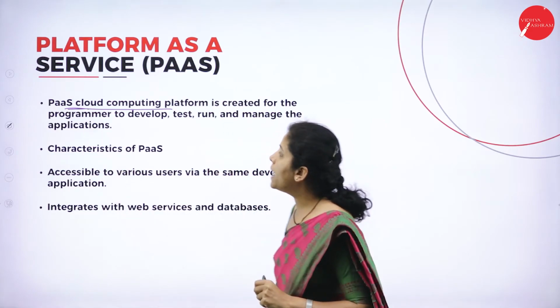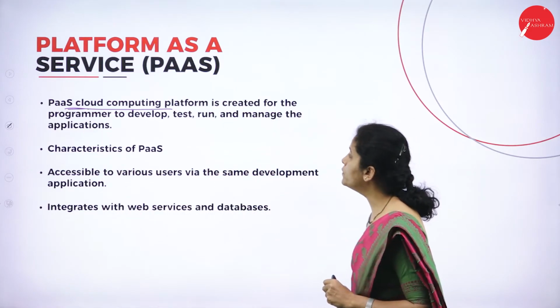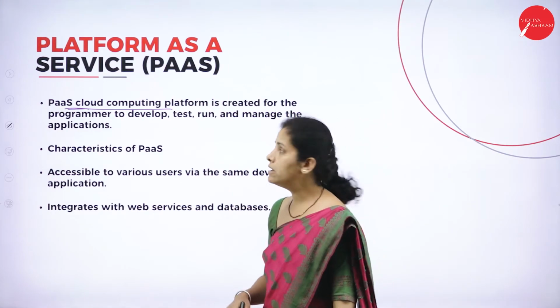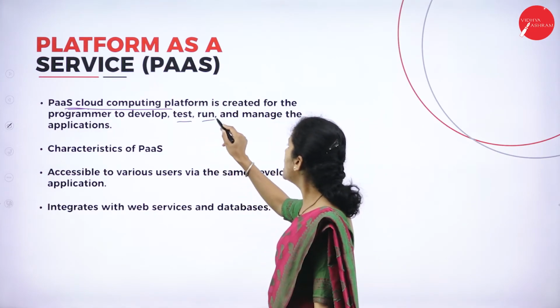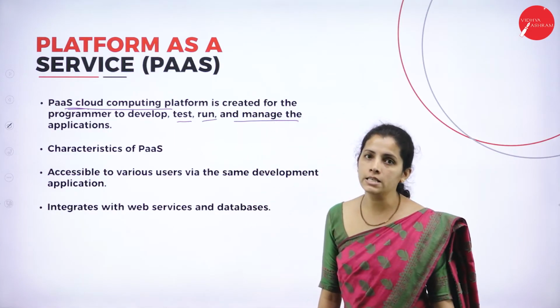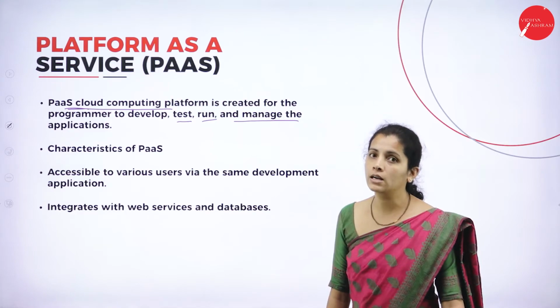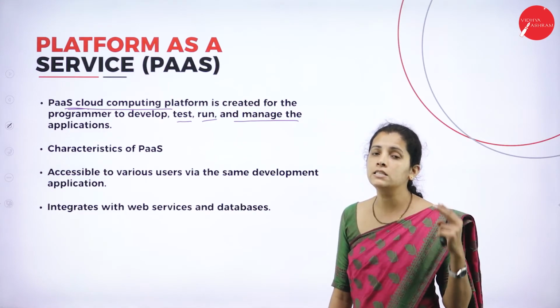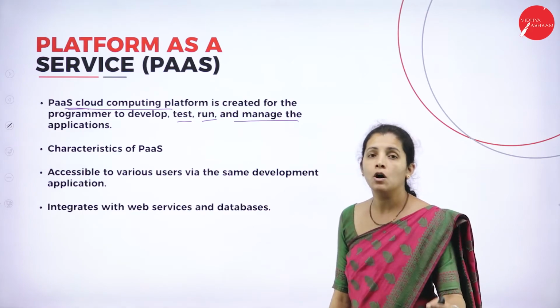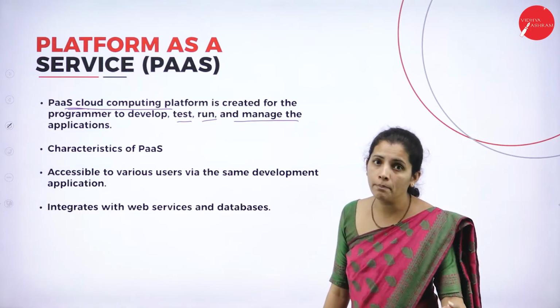So the platform as a service cloud computing platform is created for the programmer to develop, test, run and manage the application. The best examples I can consider are an online C compiler, online Java compiler or online Python compiler.